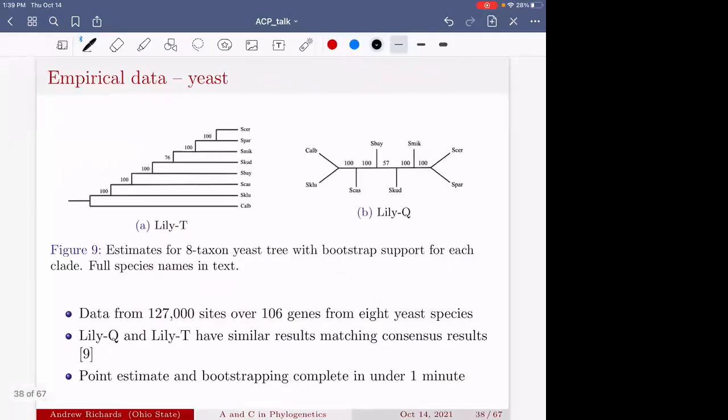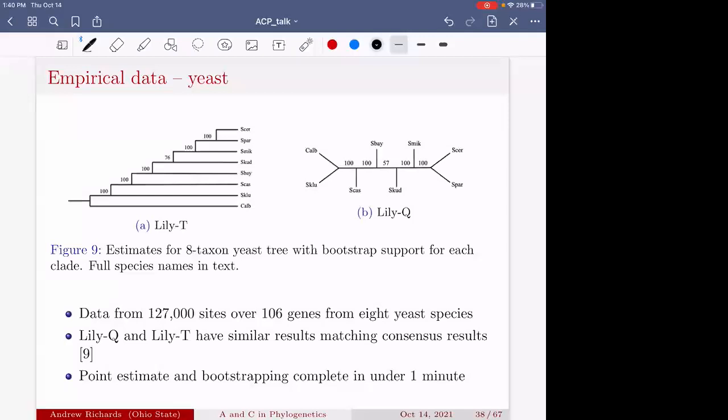Here's another data set, an 8-taxon yeast data set, 127,000 sites, over 100 genes. We completed the point estimate and bootstrapping in under a minute, and our results again matched what was in the literature. So it looks to be fairly accurate, and has a nice speed advantage over co-estimation methods, some of your Bayesian methods.